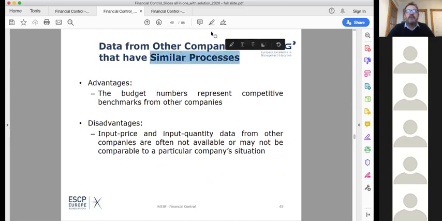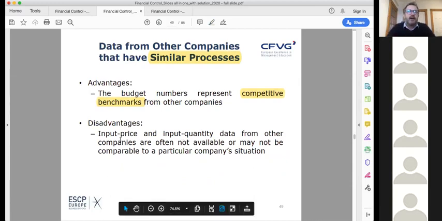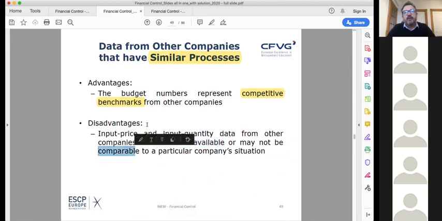If we use information from similar companies, the advantage is that we use benchmarks that exist around the world or around our industry. But usually we have to be careful. Maybe it's not strictly comparable to our situation because of the size of the company or something like this. And it's often not available, right? Especially management accounting information is usually very hard to obtain, or it can be expensive to obtain.